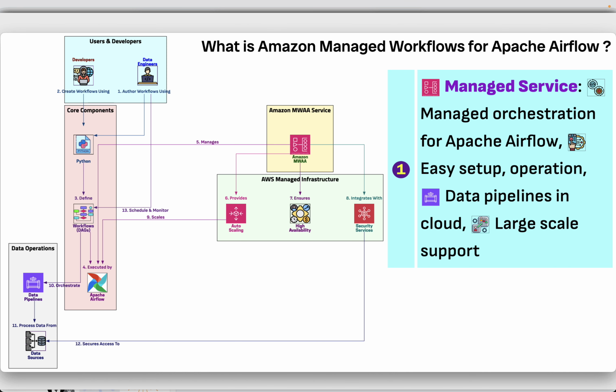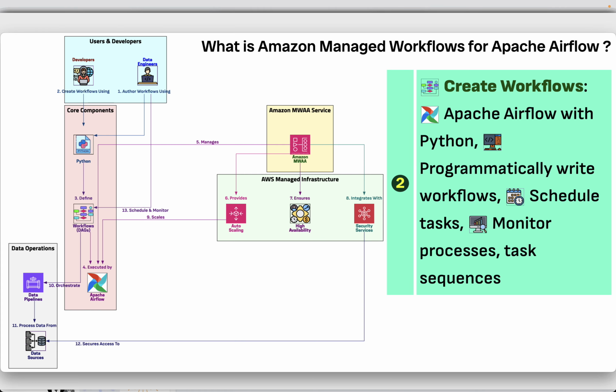Amazon Managed Workflow for Apache Airflow is a managed orchestration service for Apache Airflow. It is designed to make it easy for you to set up and operate your data pipeline in the cloud, even at large scale. You can use the open source tool Apache Airflow with Python to create your workflows.